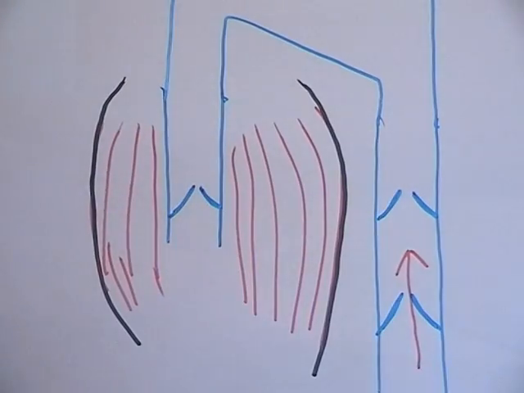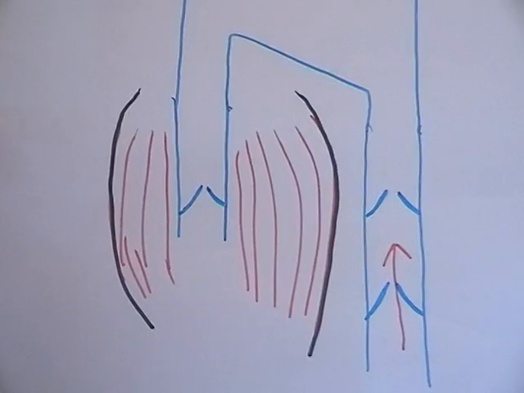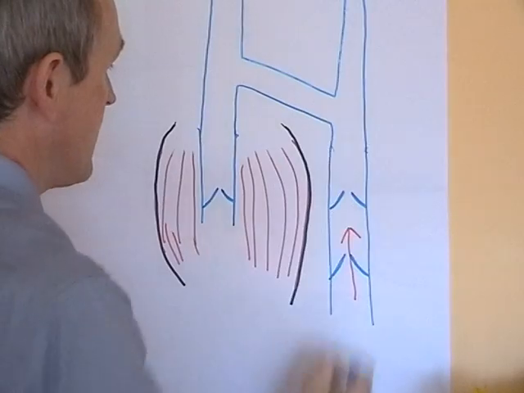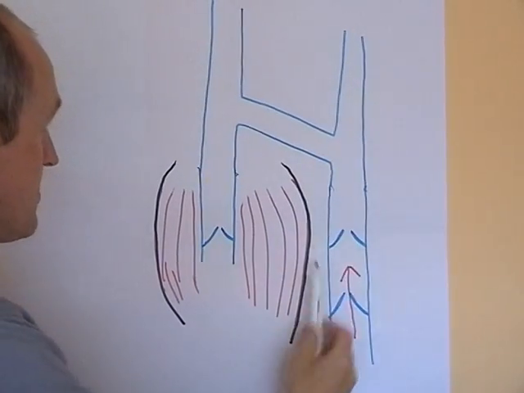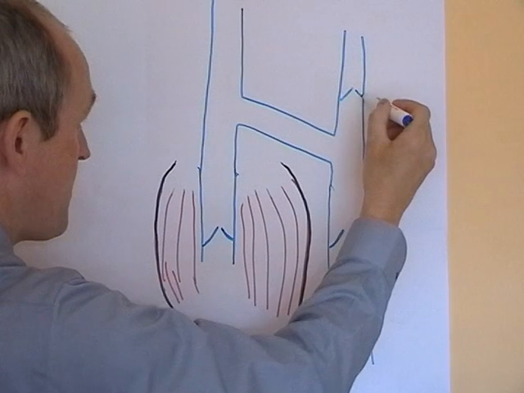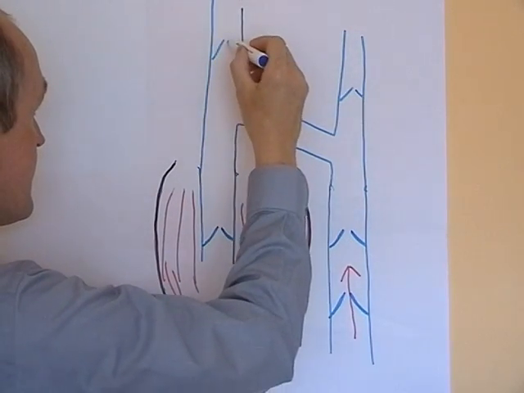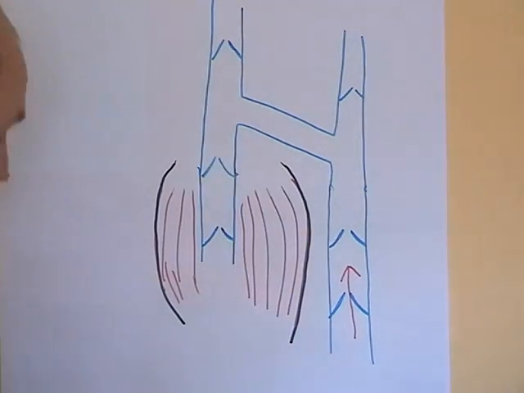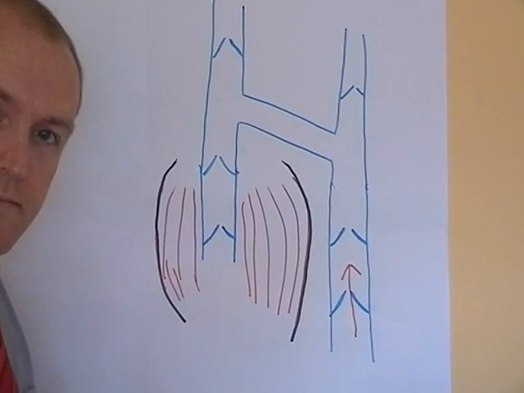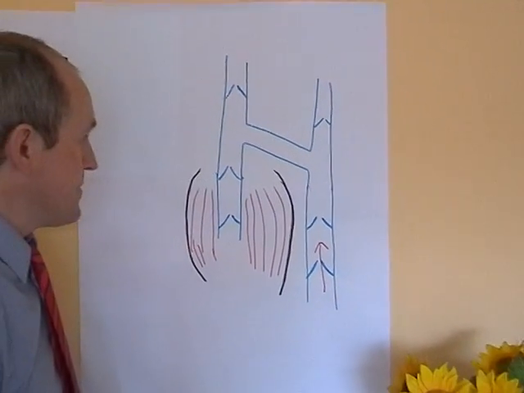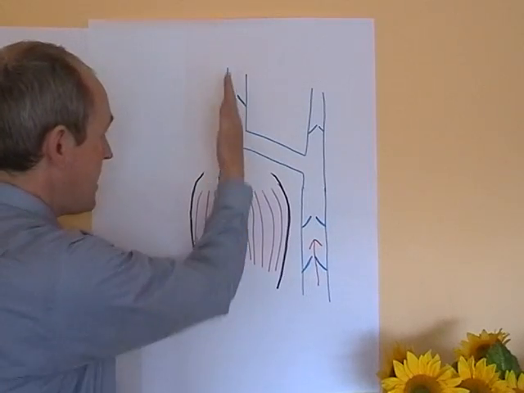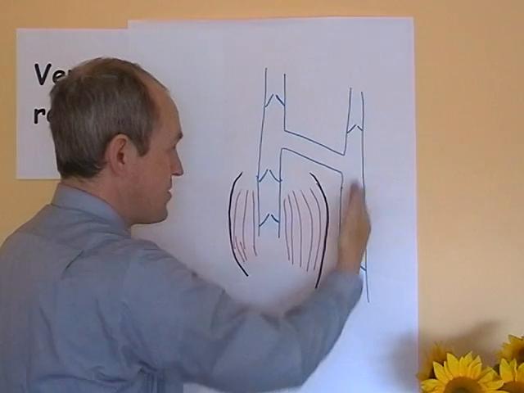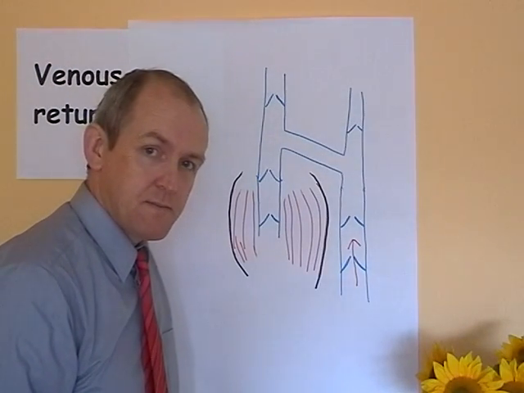I hope you're drawing this diagram with me, because it won't make sense later if you don't. So the superficial vein with the valves, more valves further up of course, the vein does carry on, and the deep vein with its valves. Now, what we need is a method of stopping the blood from the high pressure veins going backwards into the low pressure veins.